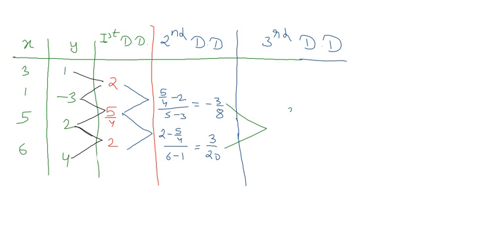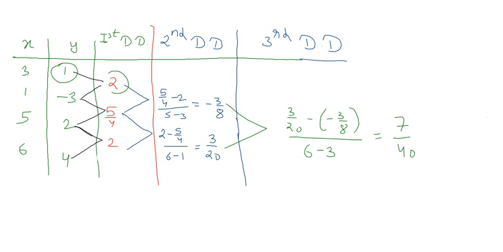So that is 3 by 20 minus 3 by 8 divided by 3 minus x naught, that is 6 minus 3, if you recall the formula for higher order divided differences. That is equal to 7 by 40. Right? So this is C1, then C2 is given by this, C3 is given here, and that is your C4.